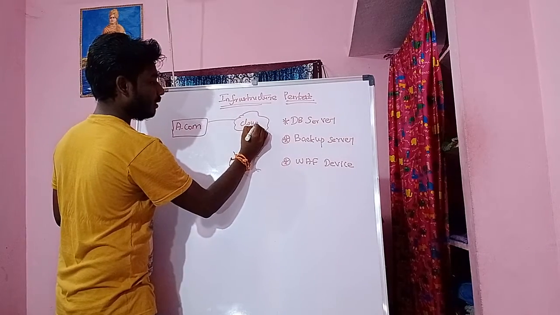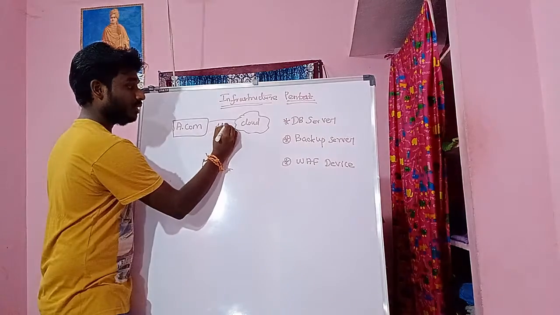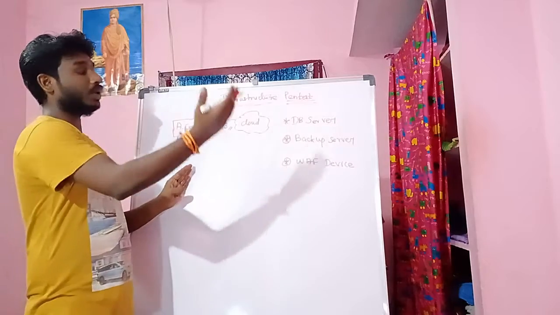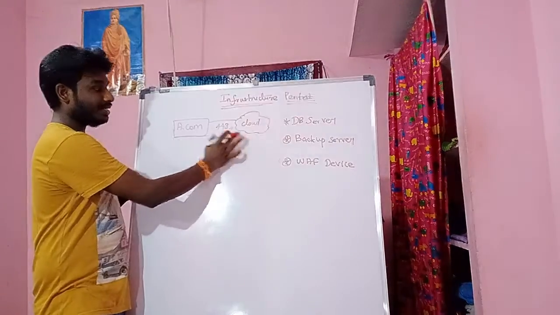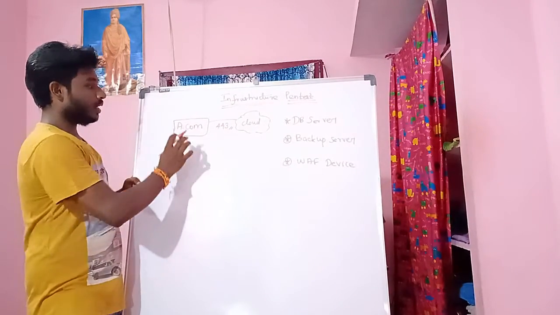Cloud means internet. They are going to access it via port number 443. There are different ports that we can expose to the internet, but this is for example purposes. So that application will be accessible via port number 443.